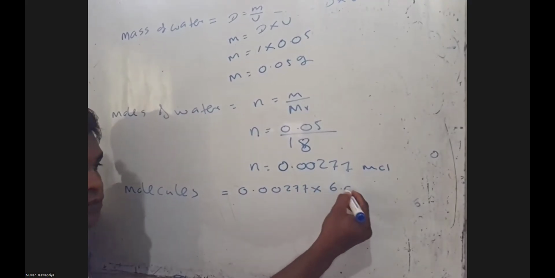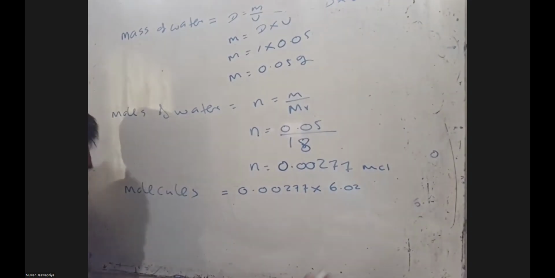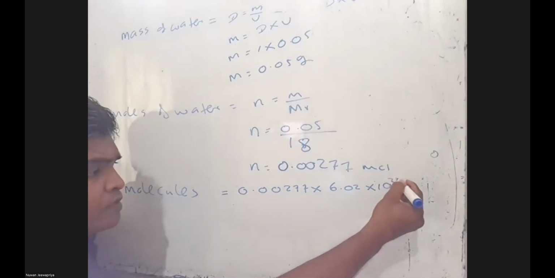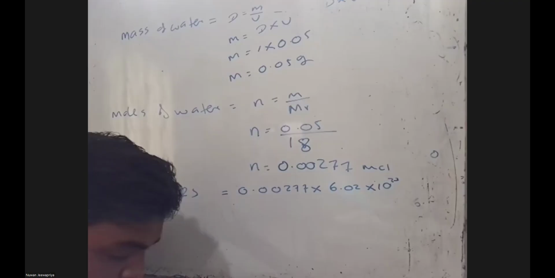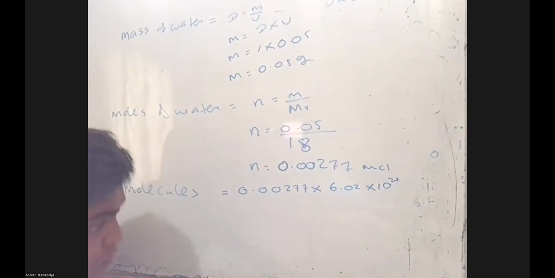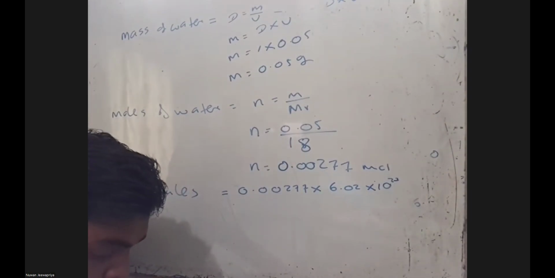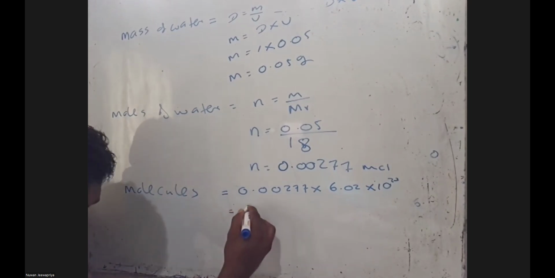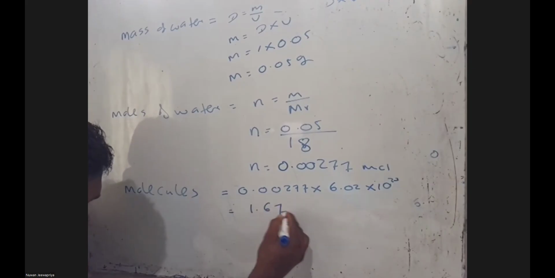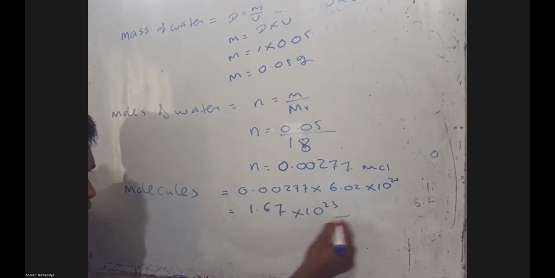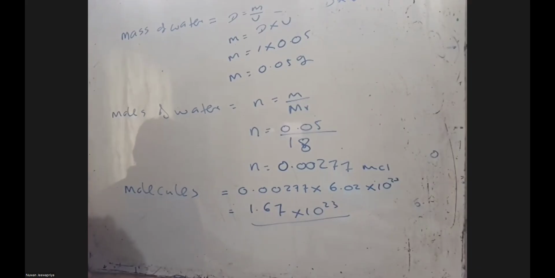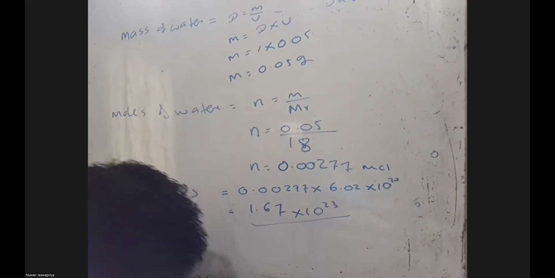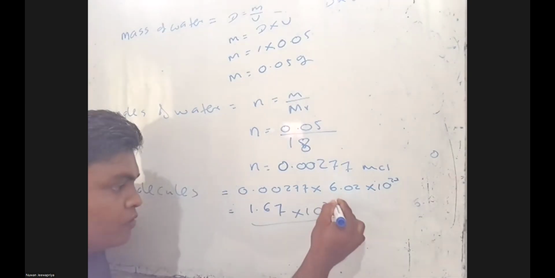Avogadro number is 6.02 into 10 to the power 23. So that is 0.00277 multiplied by 6.02. So the answer is 1.67 into 10 to the power 21.